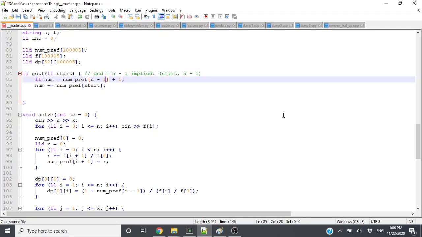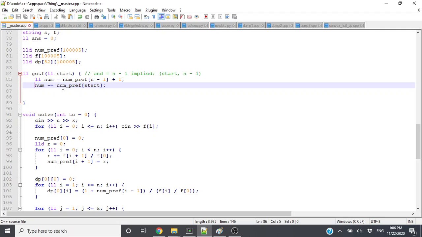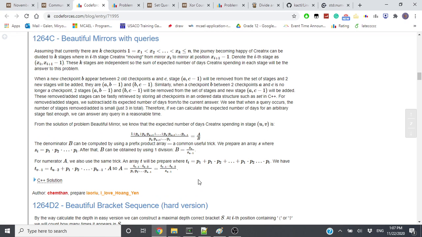Should not include that if start is greater than 0. Right, T will be prepared where T equals P1.